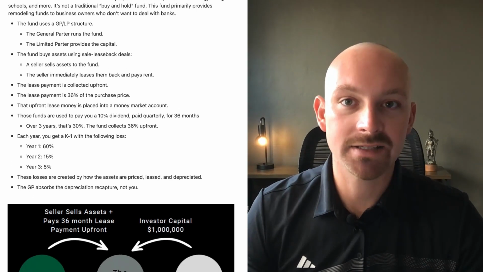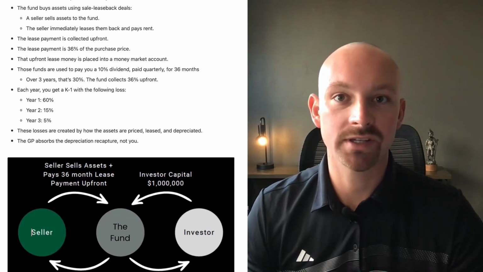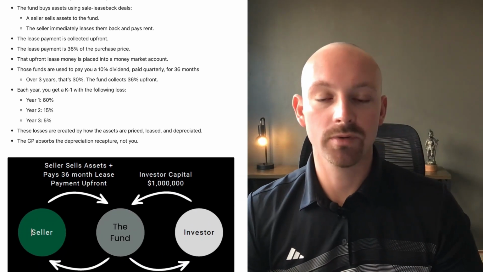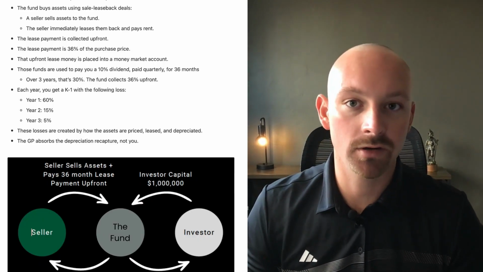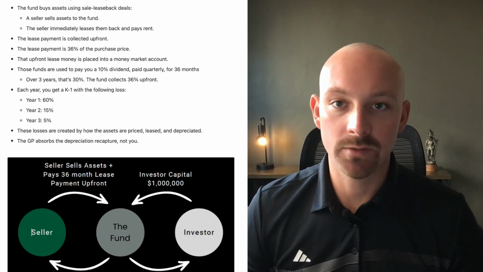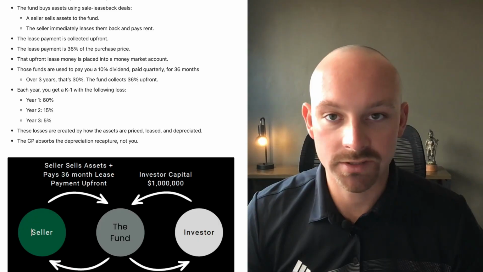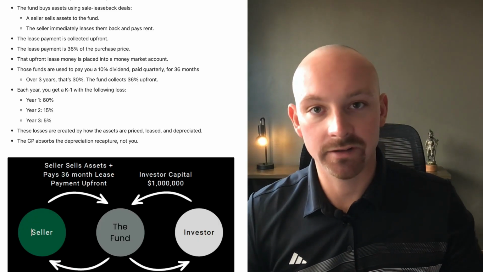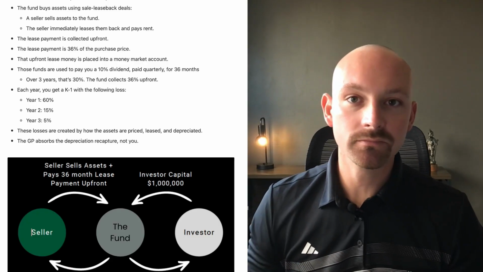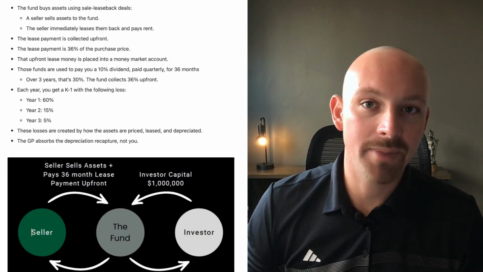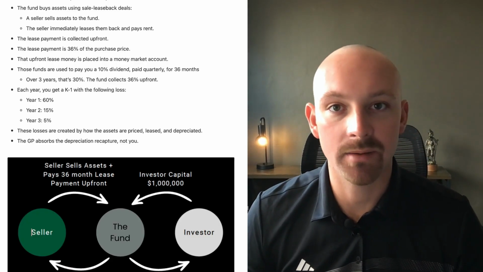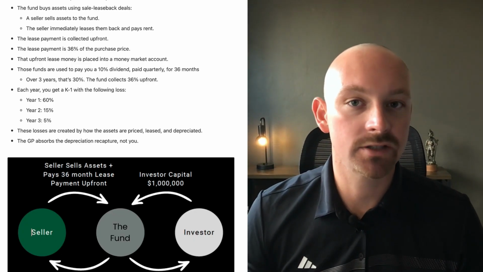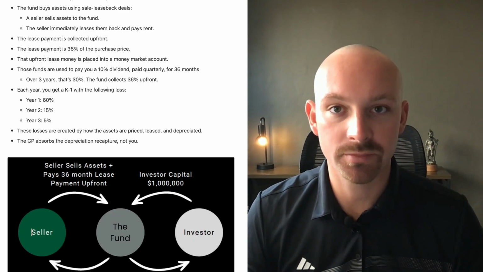The fund buys assets using what's called a sale leaseback. So we have a business owner, Mr. Hotel Owner. He has a hotel. He wants funds to remodel the hotel. So he's going to sell it to the fund, and the fund is immediately going to lease it back to him. Now, when they lease it back, they collect that lease payment up front. The lease payment is 36% of the purchase price.